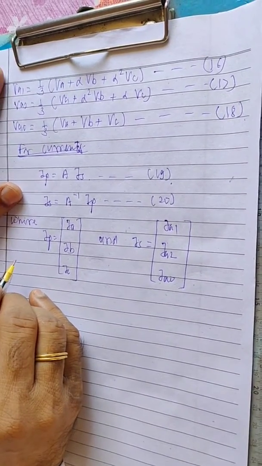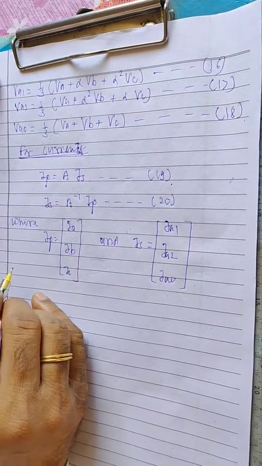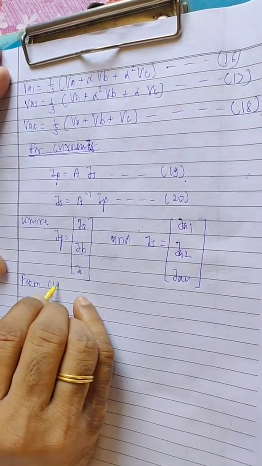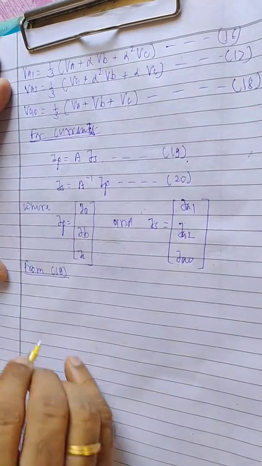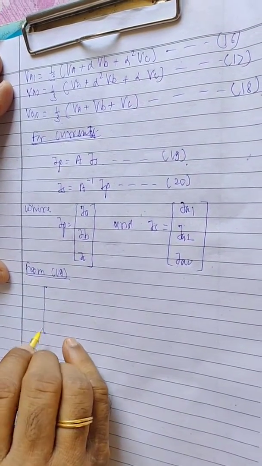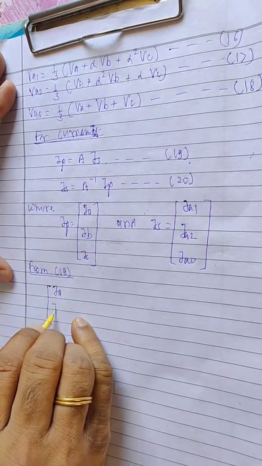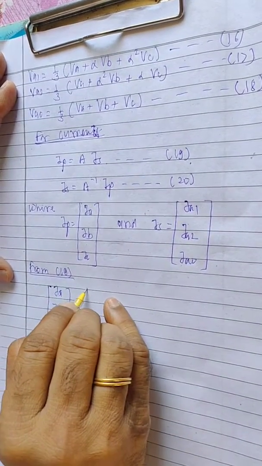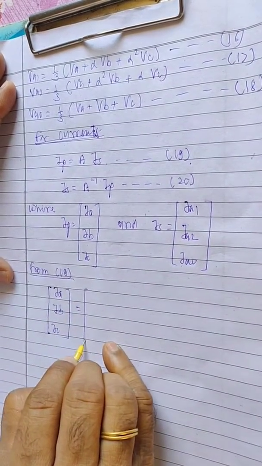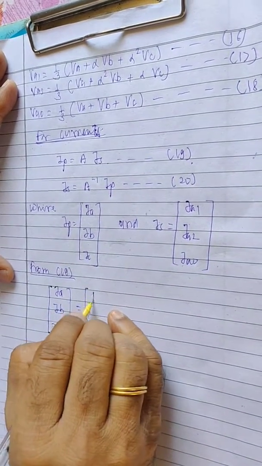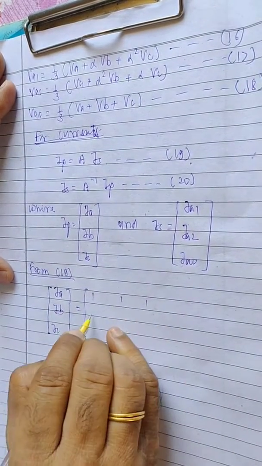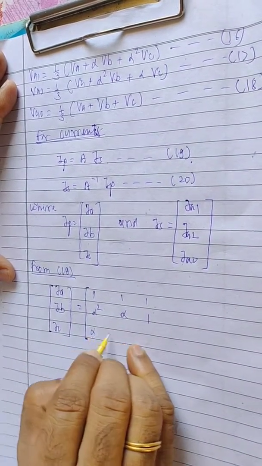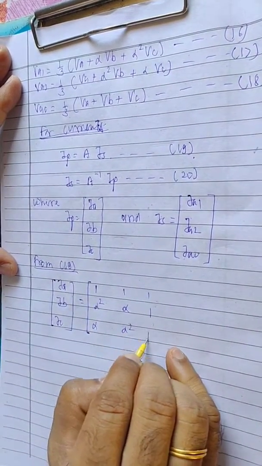So from equation 19 we can write IP as IA, IB, IC, and matrix A. Already we have seen 1 1 1, alpha square alpha 1, alpha alpha square 1.